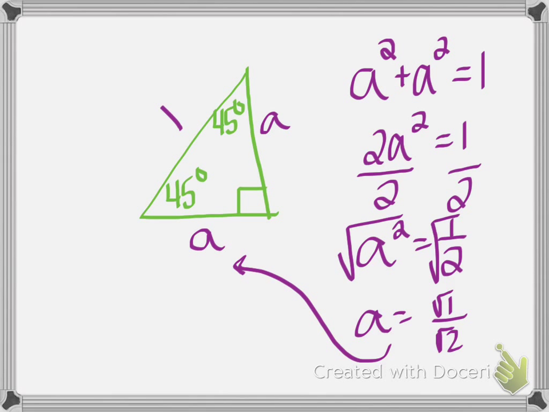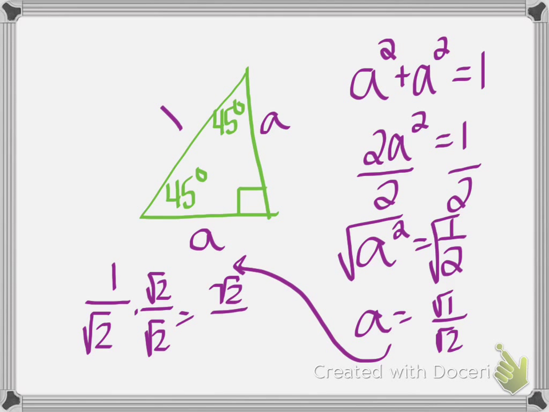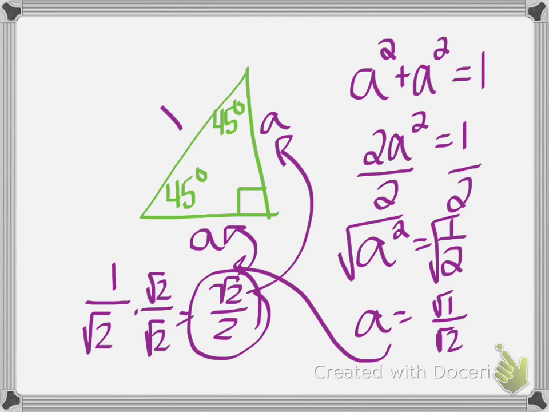Continuing on, the square root of 1 is 1 over the square root of 2. And if I rationalize that denominator, I get root 2 over 2 as my value for A. So that's why both x and y in the 45-45 right triangle are both A and A.